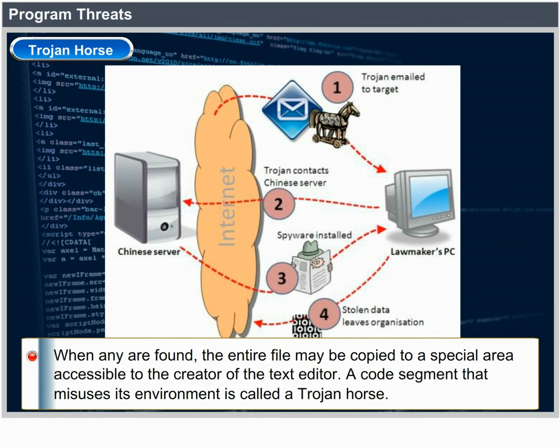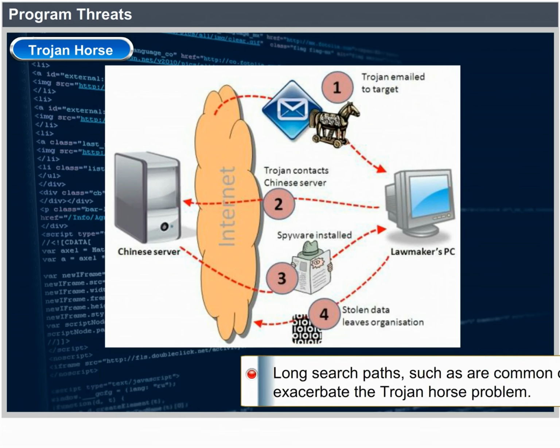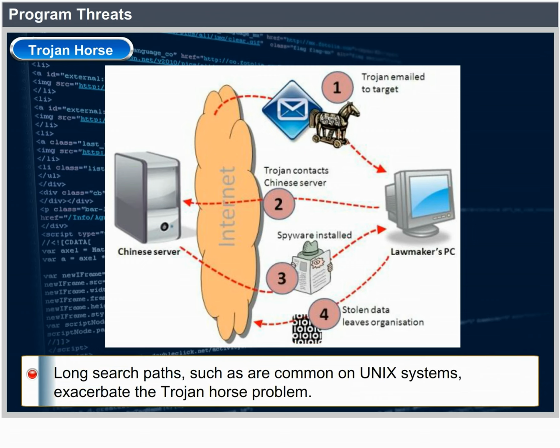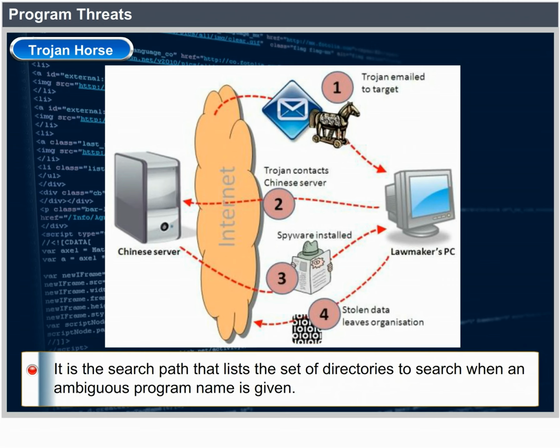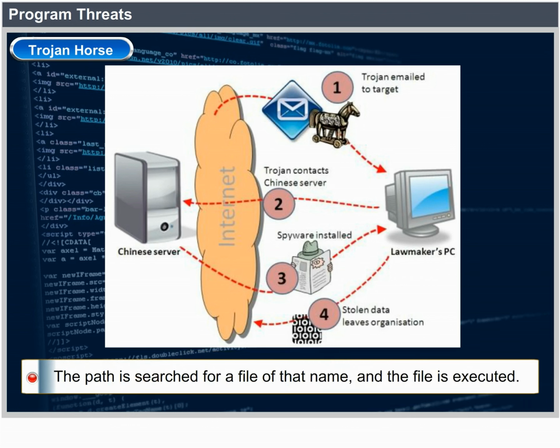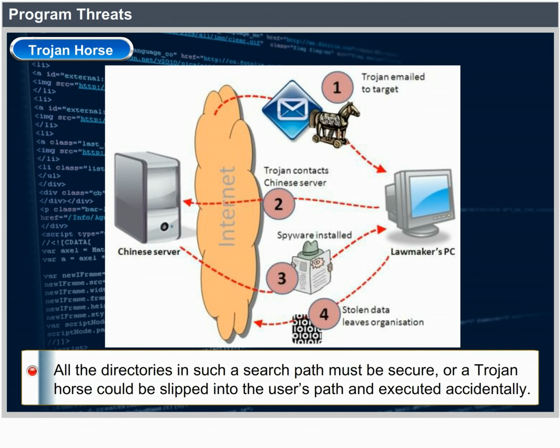Long search paths, such as are common on Unix systems, exacerbate the Trojan horse problem. The search path lists the set of directories to search when an ambiguous program name is given. The path is searched for a file of that name and the file is executed. All the directories in such a search path must be secure, or a Trojan horse could be slipped into the user's path and executed accidentally.